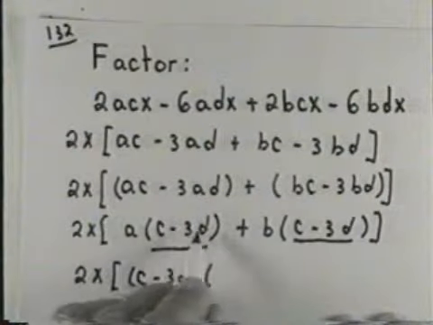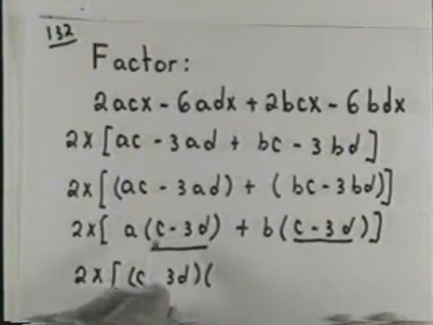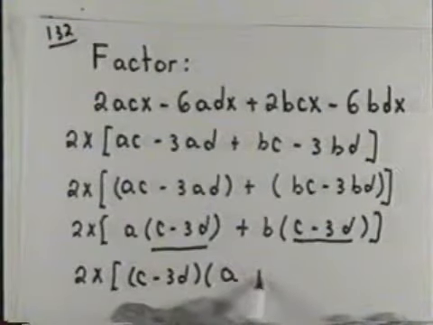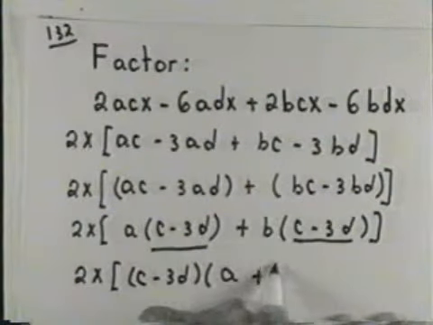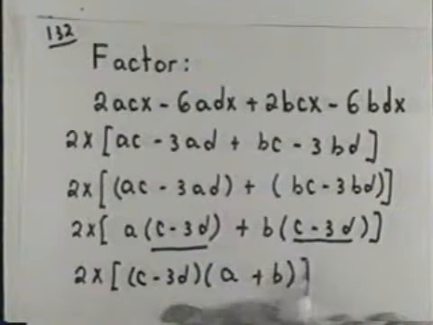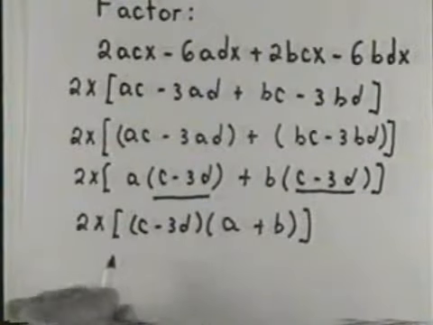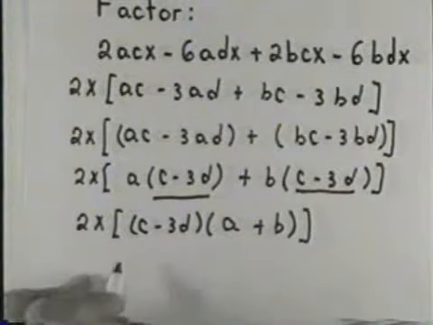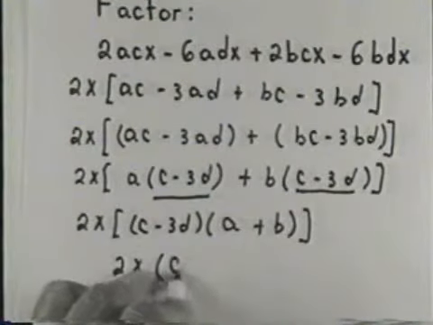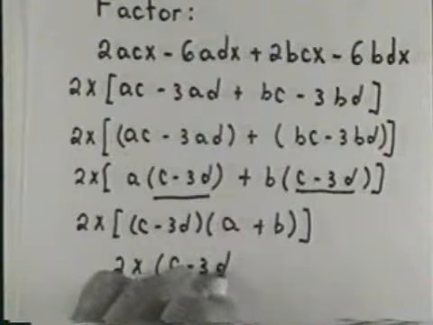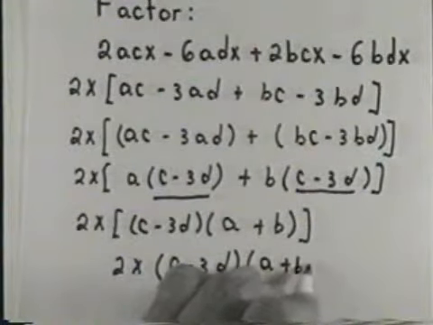And if I take C minus 3D from this term, divide out C minus 3D, I'm left with A. If I divide C minus 3D from the second term, I'm left with B. I can drop the brackets since it all means to multiply, and I can write it as 2x times C minus 3D times A plus B.